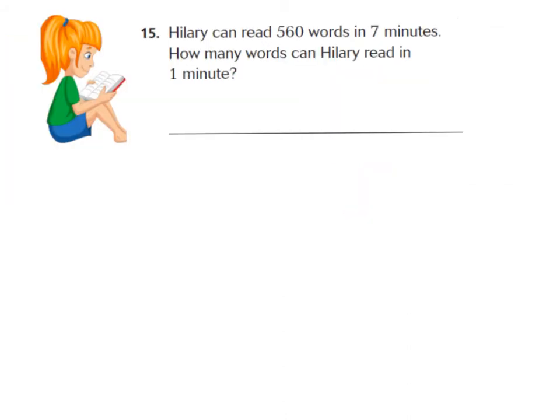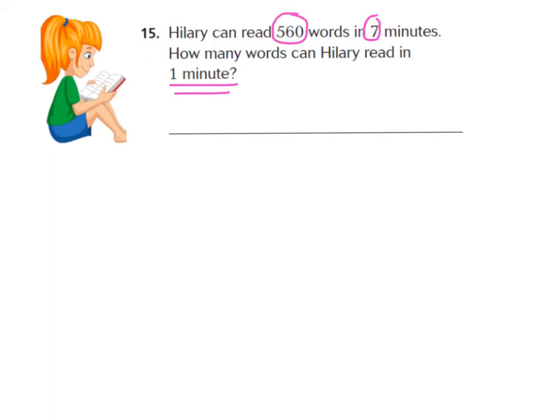All right, let's go on to number 15. It says, Hillary can read 560 words in 7 minutes. How many words can Hillary read in 1 minute? Sometimes these questions can be a little confusing because we see that there are 3 numbers, 560, 7, and then we have this number 1 here.